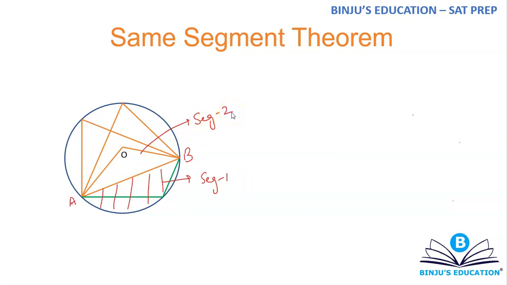So if AB is a chord of a circle, and this chord makes an angle theta at the center of the circle, where O is the center as I've marked, let's say this angle is some angle theta.